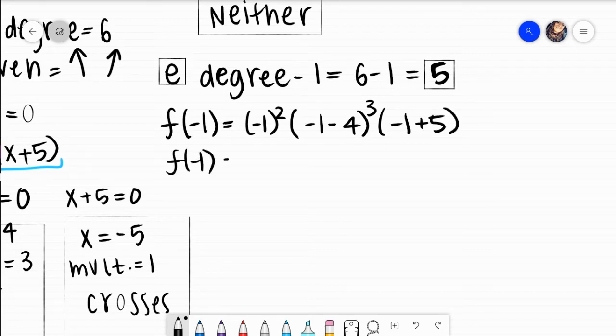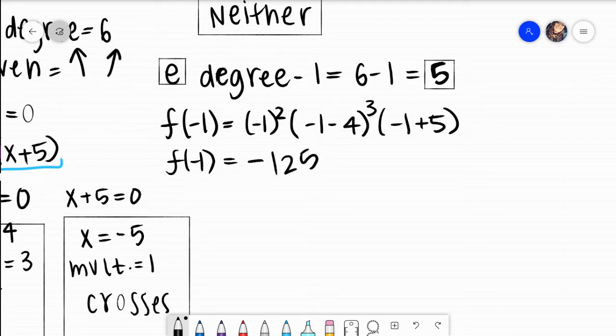For my f of -1, what I get is, well, -1 times a -1, that's just a positive 1. Because this is all multiplication, I don't actually have to write that. If you do -1 and a -4, those signs are the same. I would get a -5. If you, in parentheses, have -5 cubed, you get a -125.